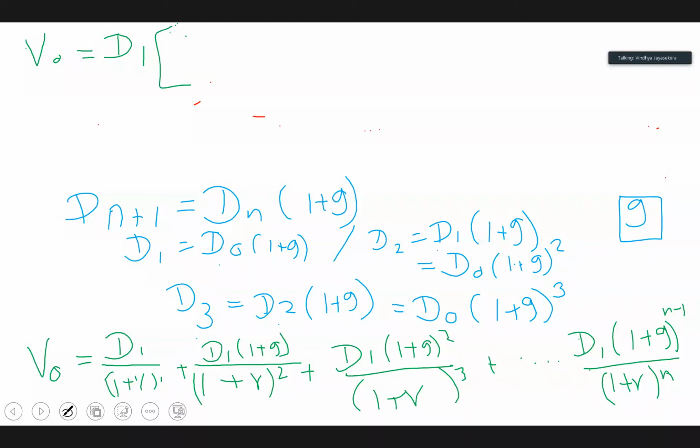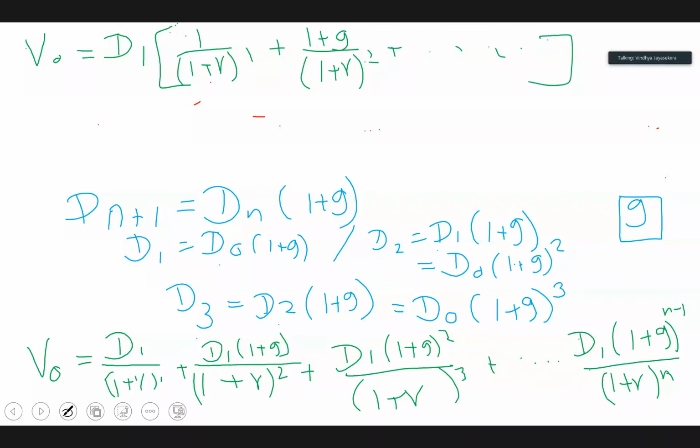And we can say this is 1 over 1 plus R, 1 plus G over 1 plus R squared, and so on, right?